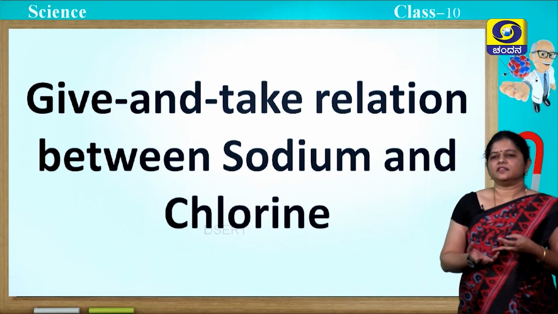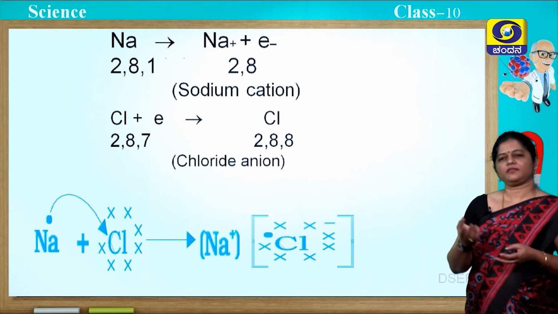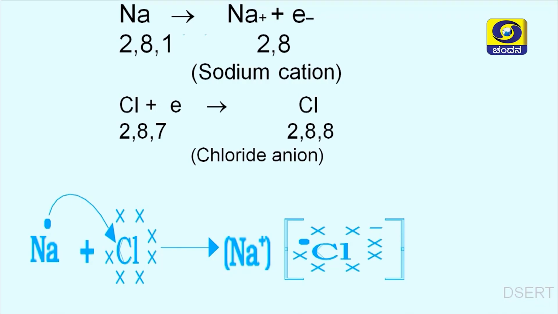This give and take relation between sodium and chlorine is like this. You can see here sodium's electronic configuration is 2, 8 and 1. So, now when it becomes sodium ion, it gives away 1 electron. So, it becomes 2 and 8. Sodium cation has an electronic configuration of 2 and 8.